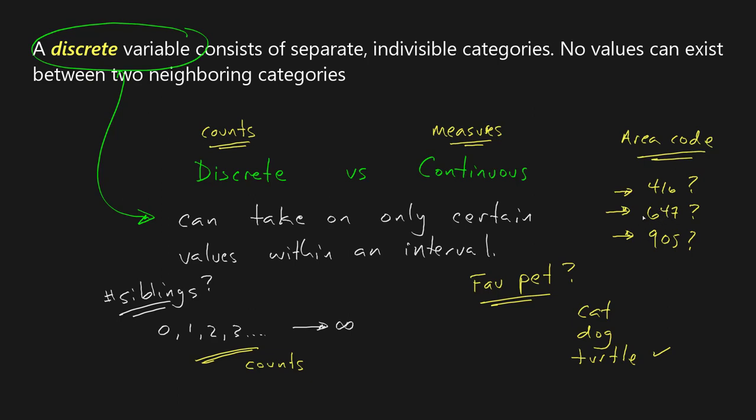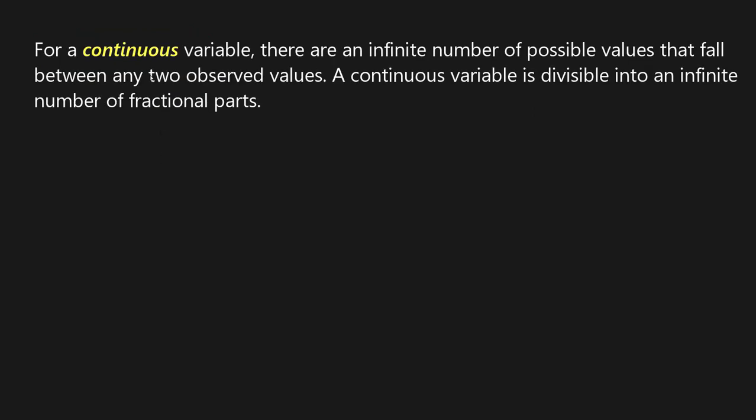So let's have a look now at continuous and how it compares. For a continuous variable, there's an infinite number of possible values that fall between any two observed values. A continuous variable is divisible into an infinite number of fractional parts. So what do they mean by that?